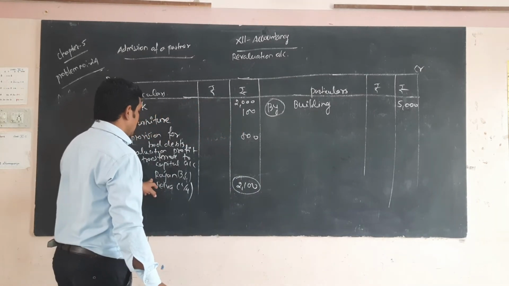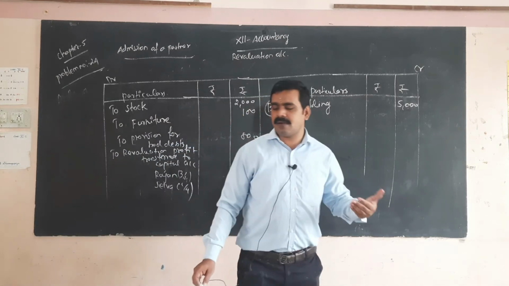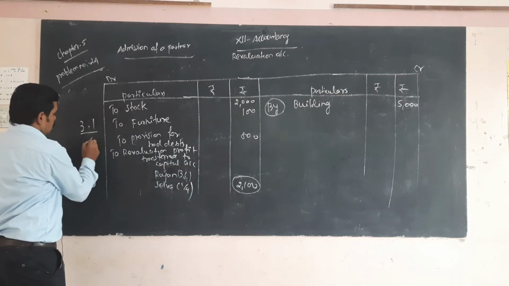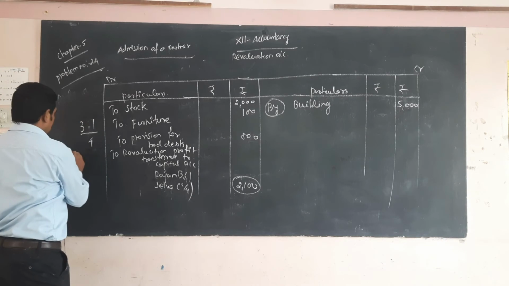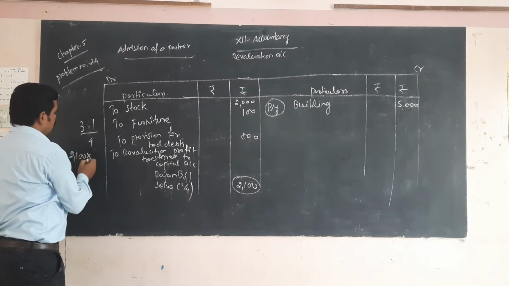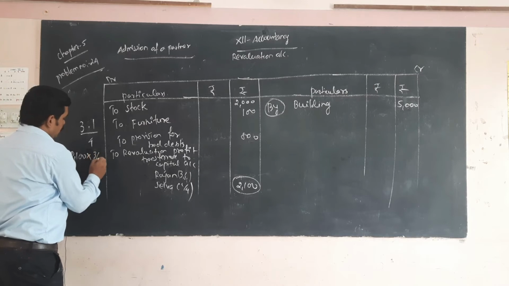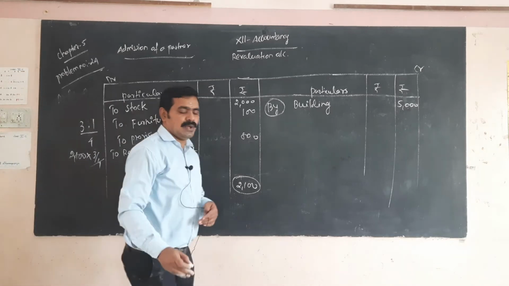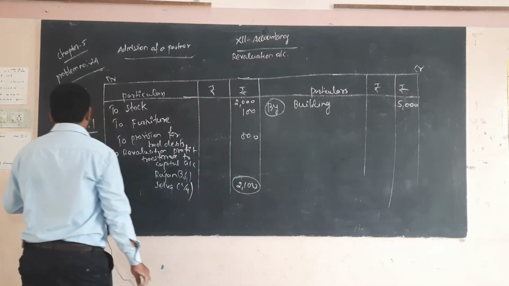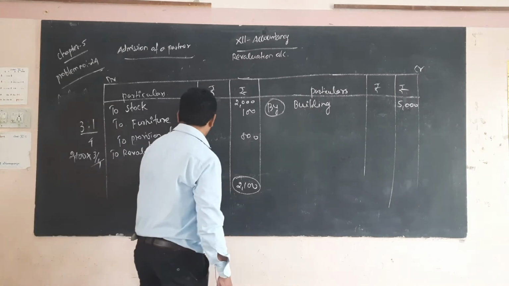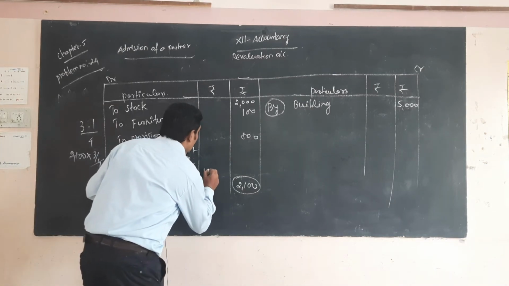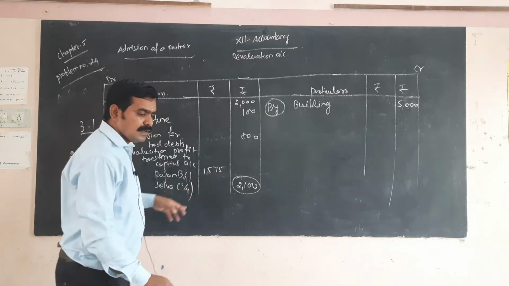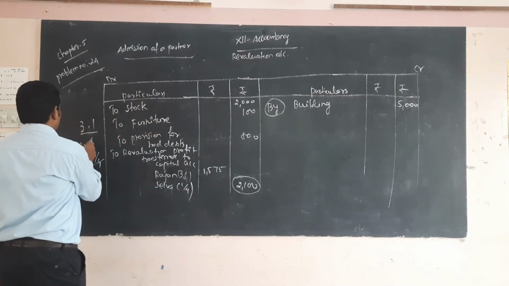Rajan's share is 3, so the ratio is 3:1, totally 4. So 2,100 into 3/4, that value is 1,575. Then 525 for Selva.